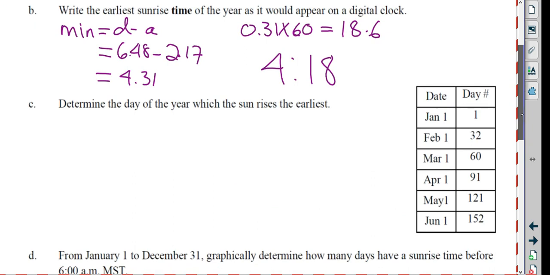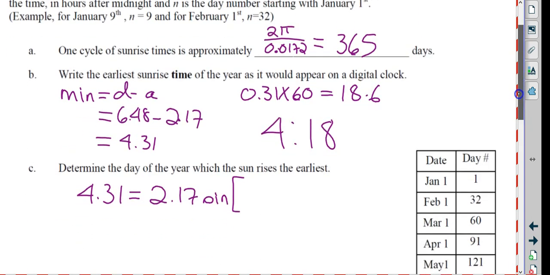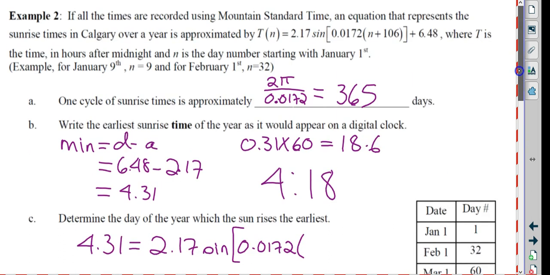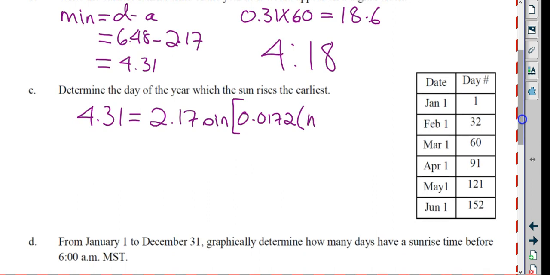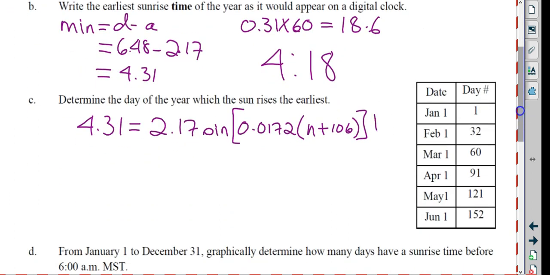Okay, so we want the time to be 4.31, so we're going to go 4.31 is equal to 2.17 sine of 0.0172 n plus 106, plus 6.48.